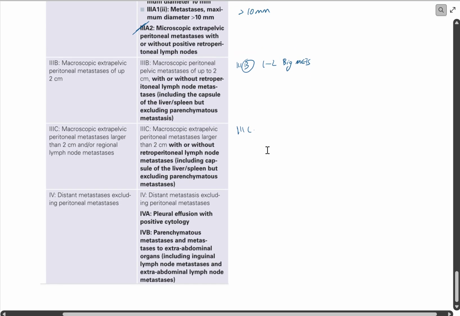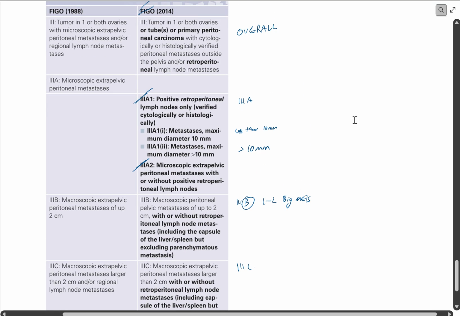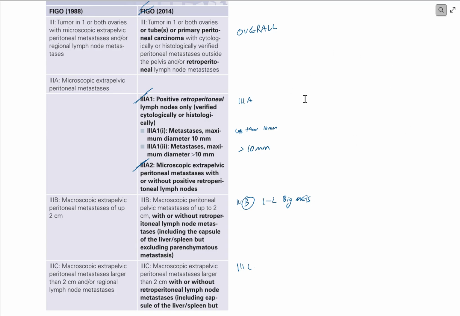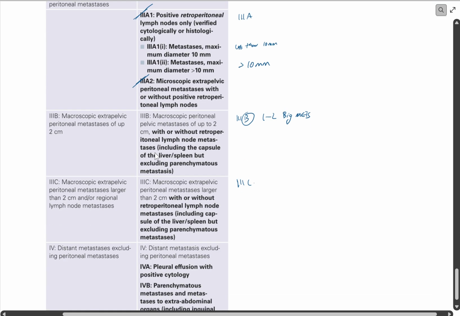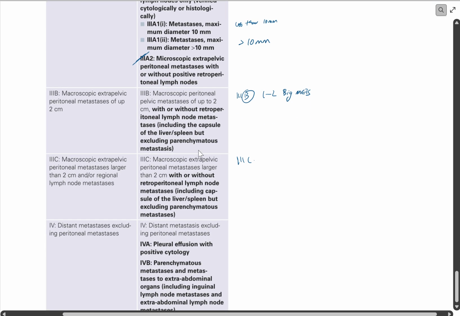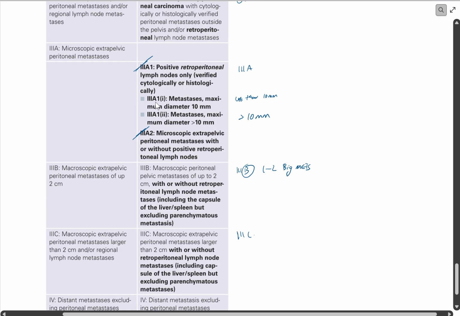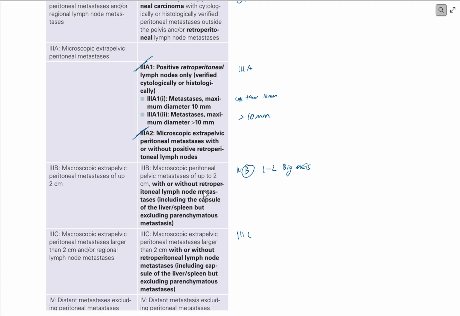So 3 is, as we said, extrapelvic mets, which has to be very clear. And when you're talking about extrapelvic mets, the most common stage would be 3C. Now, in 3, 3A would be retroperitoneal mets. 3B would be larger retroperitoneal mets or macroscopic peritoneal pelvic mets up to 2 centimeters.